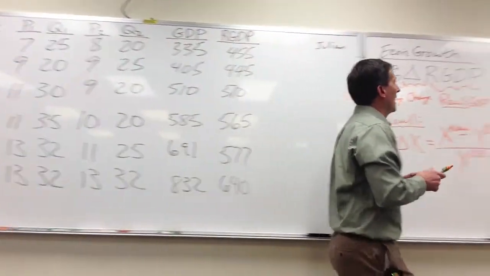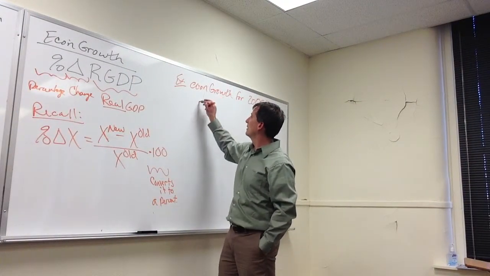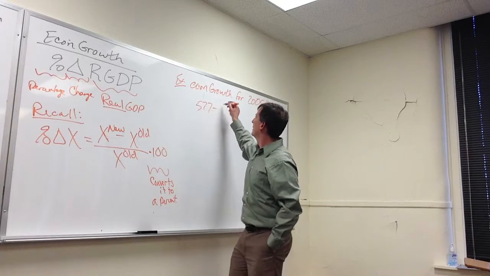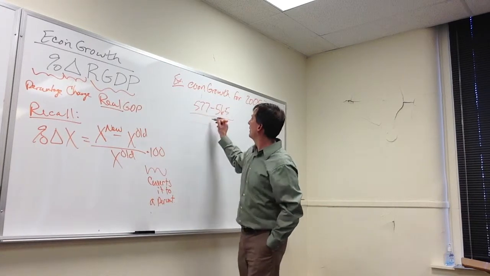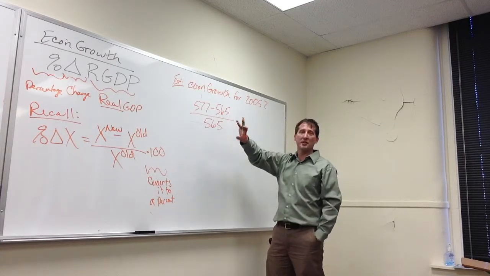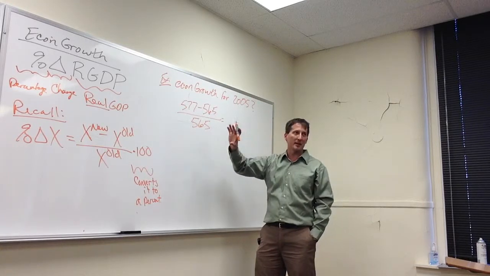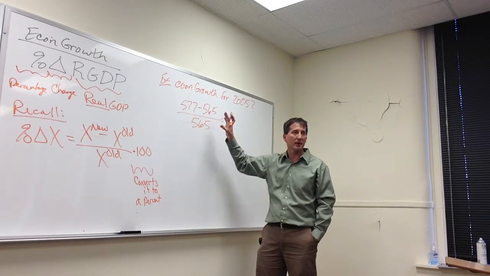2.12%. How'd you get that? 577 minus 565 divided by 565, times 100. So I want to stop there to make sure, sometimes when you go back and forth on these problems, this is where you can lose some points on a problem.